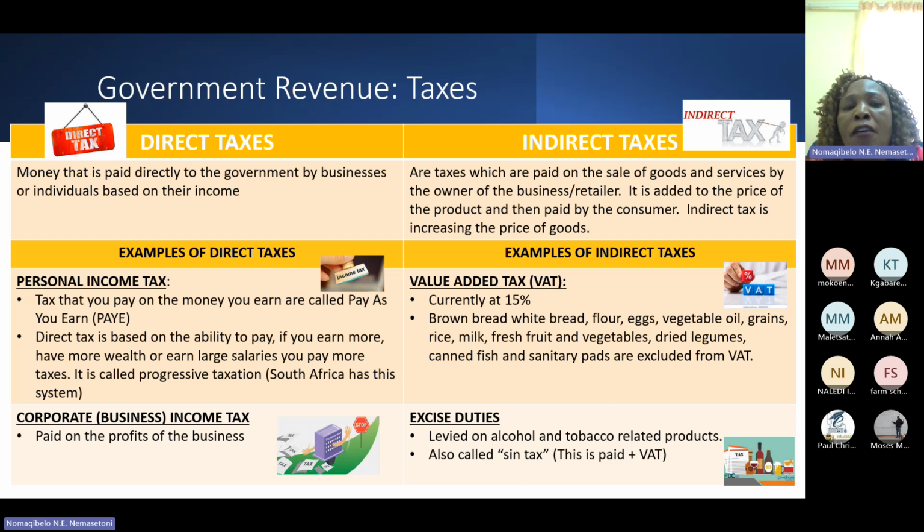And then the second type of tax is the indirect tax. These are the taxes which are paid on the sale of goods and services by the owner of the business or the retailer.